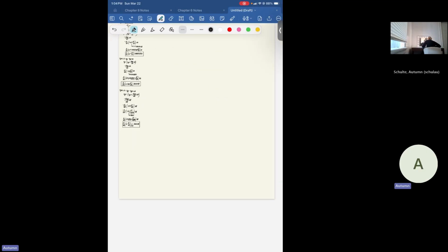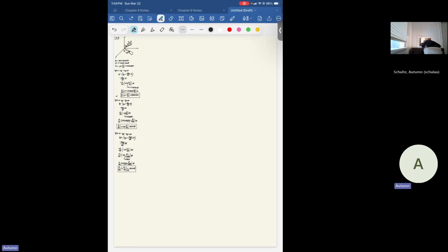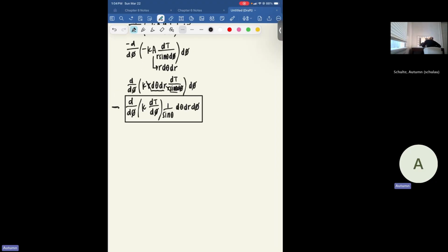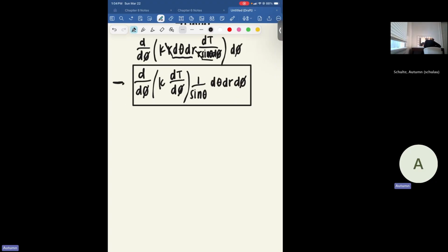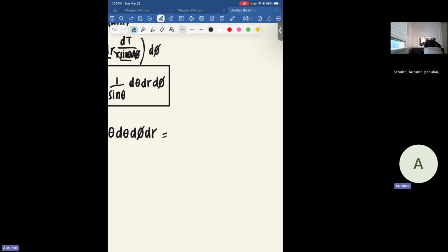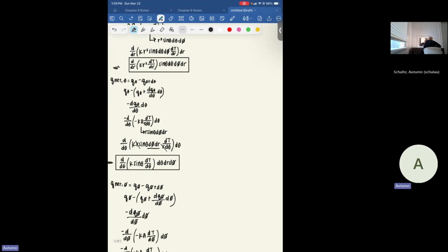Now we can simply combine all of our net heat flow terms. So we're going to have our energy storage term first, which we said was the density times the heat capacity times the change in temperature with respect to time, multiplied by our differential volume, which was r squared sine theta d phi dr. This is equal to the sum of our net heat flows.